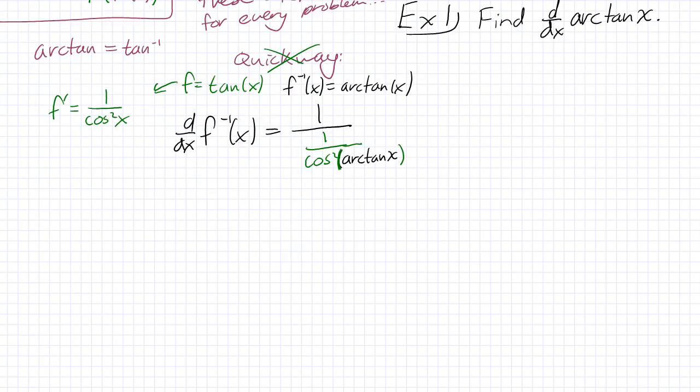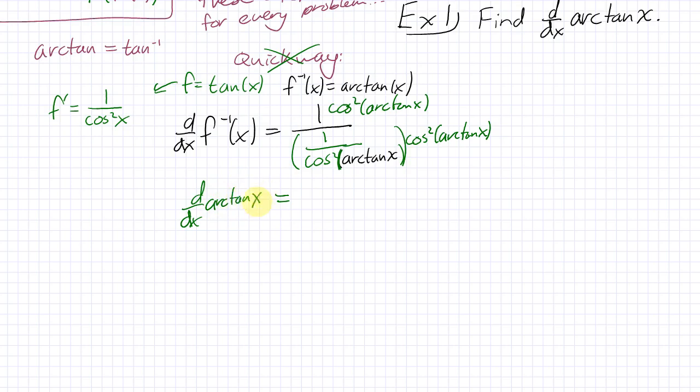We can start by multiplying both sides by that denominator, cosine squared of arctangent of x, and this just becomes the derivative of this function, arctangent of x. This just cancels out here and you just get this top.